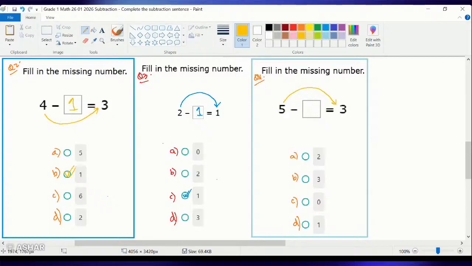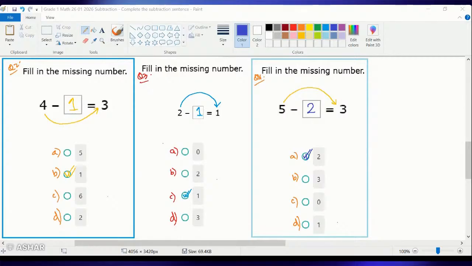Yes, 5 minus 3 was 2. That means we look at the options. Yes, option number A, we would click on option A. Thank you. Option number A is the correct answer.